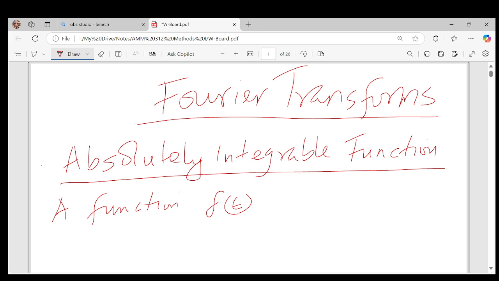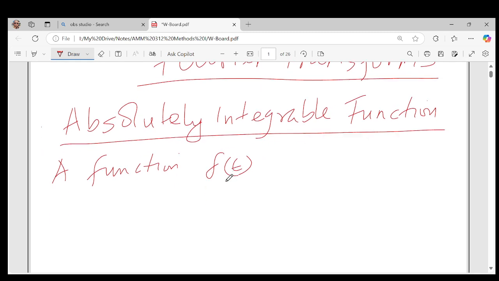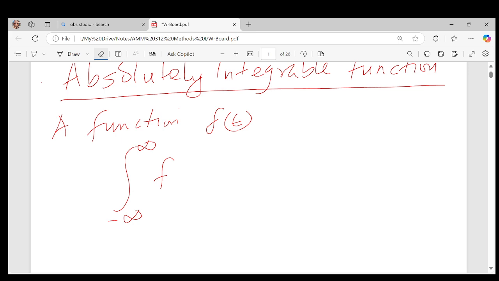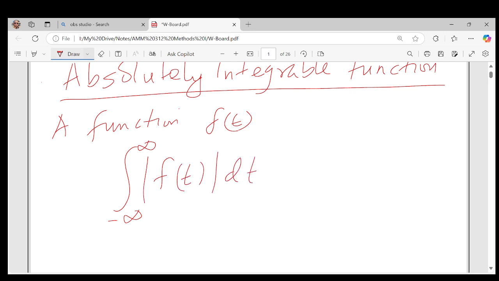We shall say that this function is absolutely integrable if the integral from minus infinity to positive infinity of the absolute value of f of t is finite, that is, less than infinity. Then we say that the function f of t is absolutely integrable.